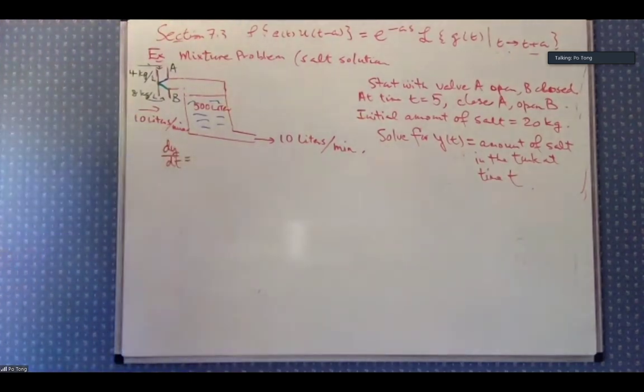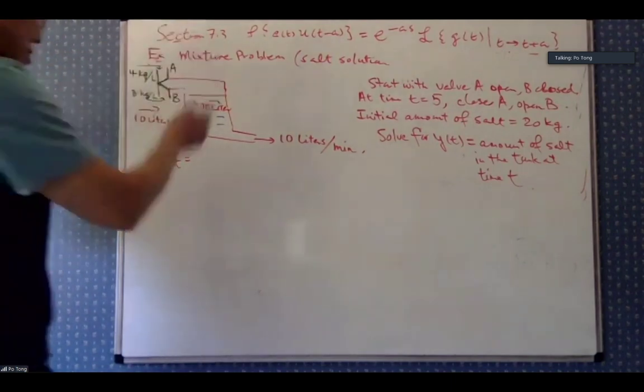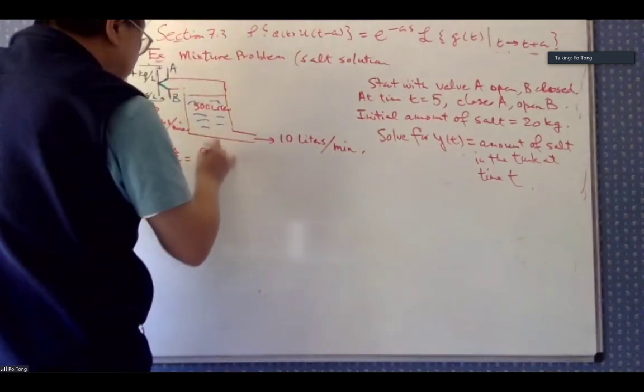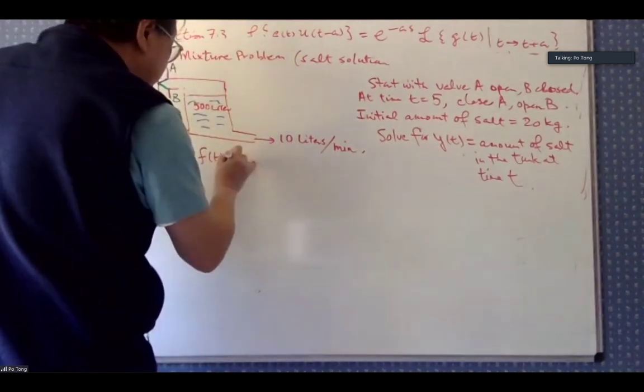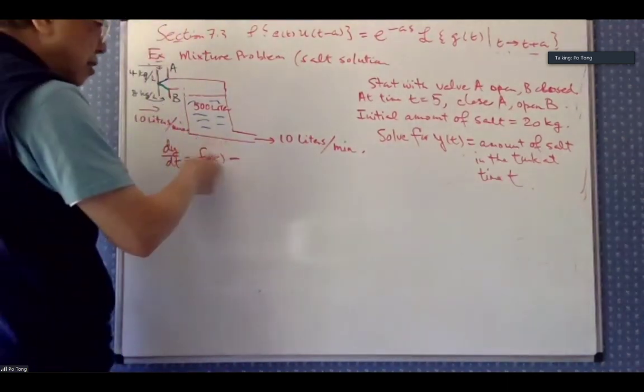So at the beginning, it's equal to some function, f(t), minus the rate going out. This f(t) is the rate going in, and we're going to figure out this rate.